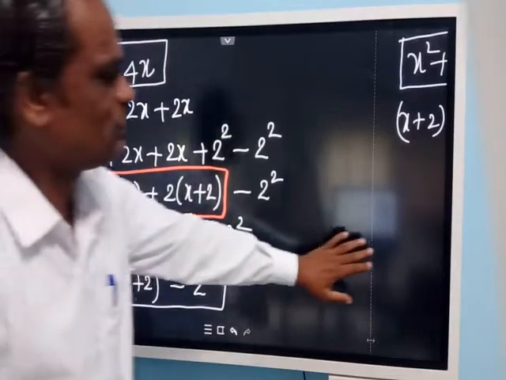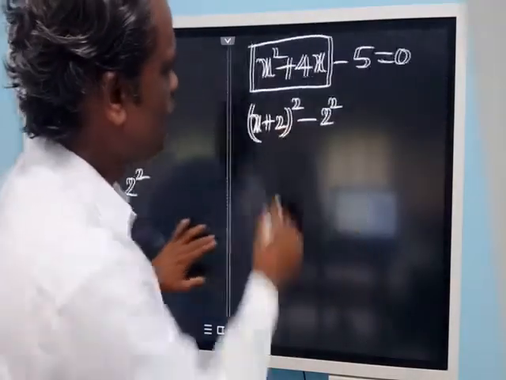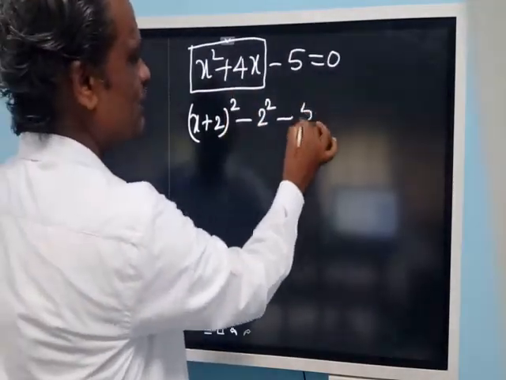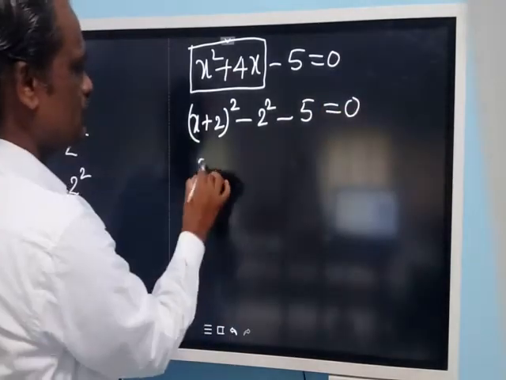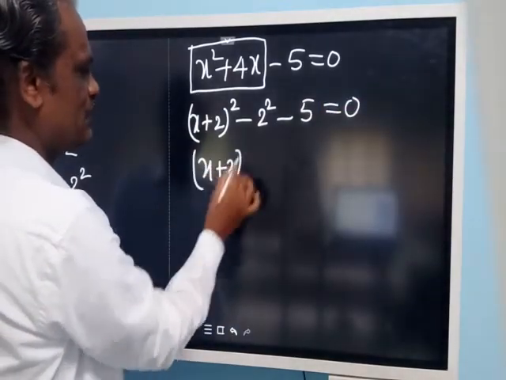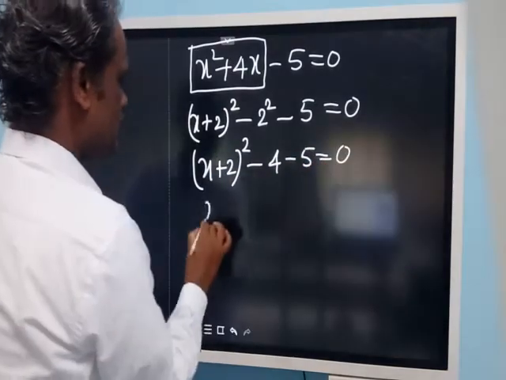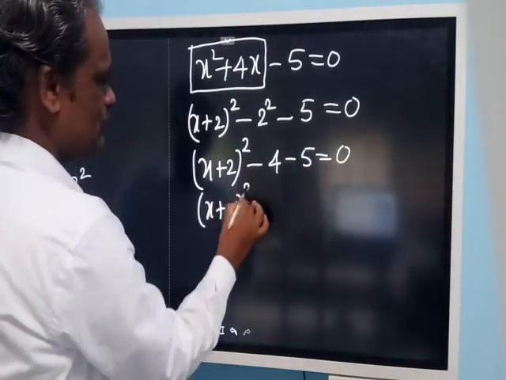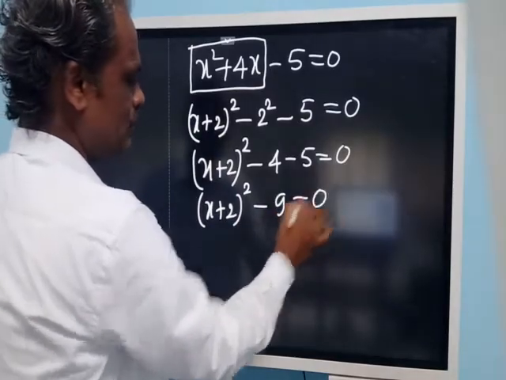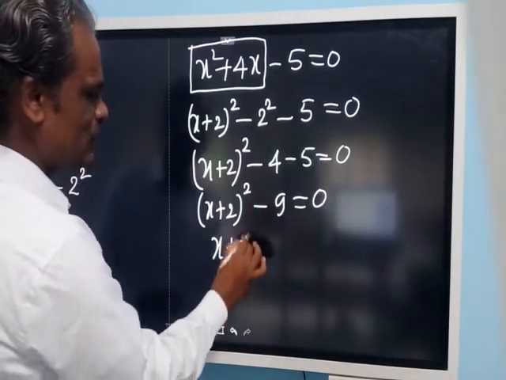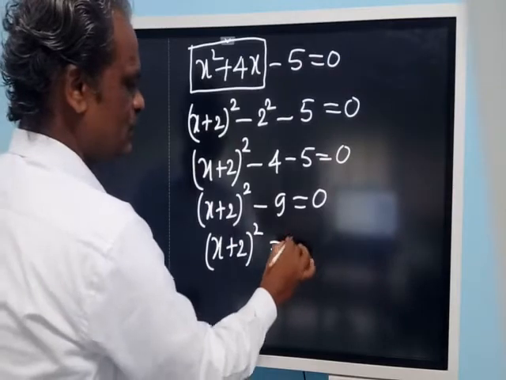So now we have substituted x plus 2 whole square minus 2 square here, and then minus 5 is equal to 0. So this x plus 2 whole square you write as it is. This is minus 4 minus 5 is equal to 0. So x plus 2 whole square minus 9 is equal to 0. If you simplify this, x plus 2 whole square is equal to 9.